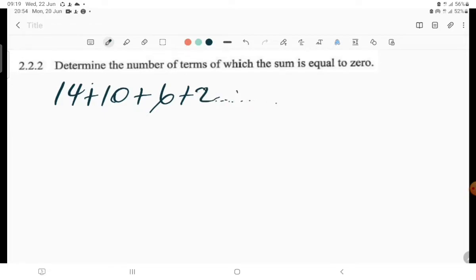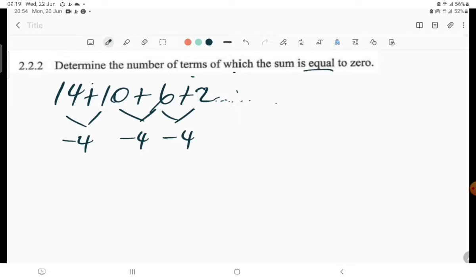Now we know that the common difference is negative 4. Now we try to determine the number of terms in which the sum of the pattern is equal to 0.